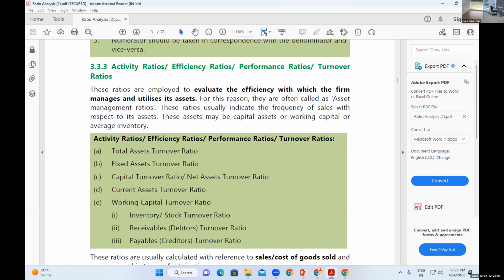We have another logic called Altman Z score. Z, the last letter of the English alphabet. You would have studied something in statistics, the Z score, but this is another way.